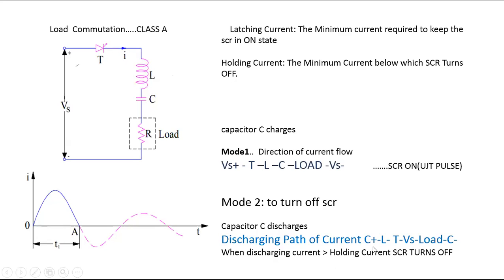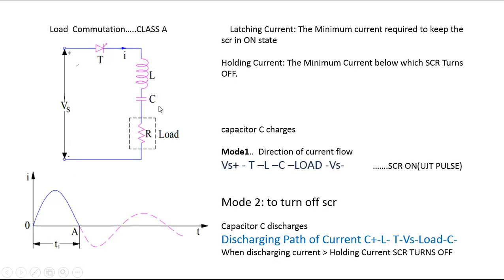So when the capacitor discharges, current flows from C plus to the inductor, inductor to SCR, then to the cathode terminal. Now will the SCR be off immediately? No. Current flows through the SCR, and then from SCR to the source, from the source to the load, and from the load to C minus, the negative plate of the capacitor.